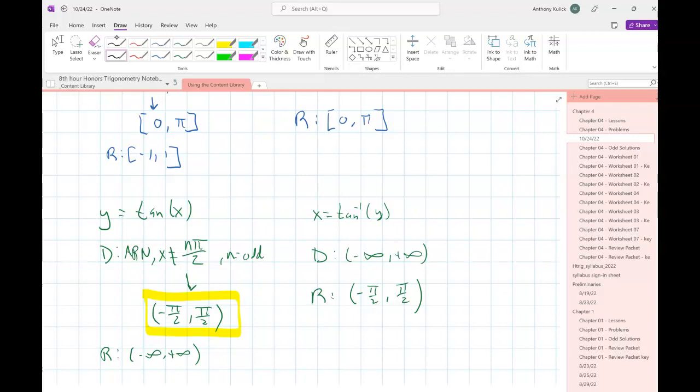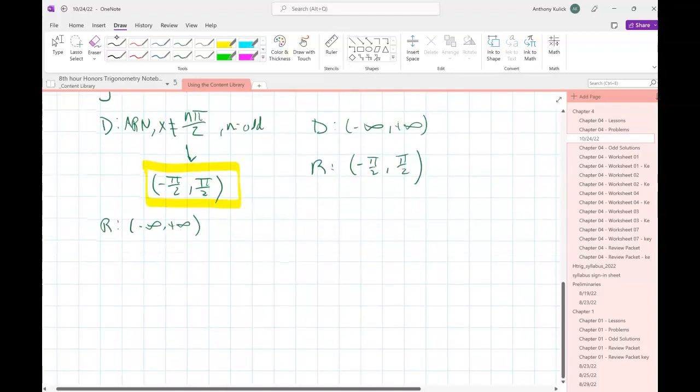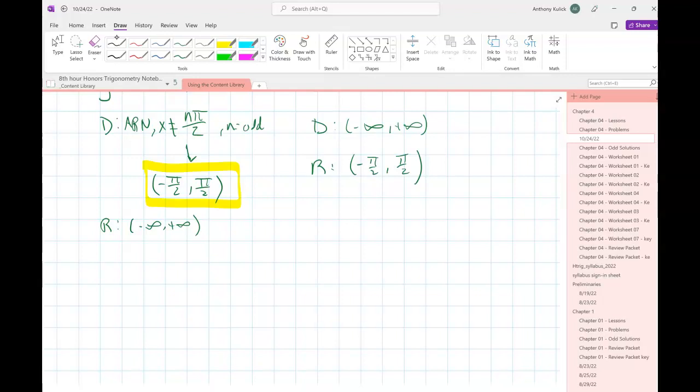Okay. So depending on how we ask a question here, it's going to dictate where we're going to be looking for our angle.